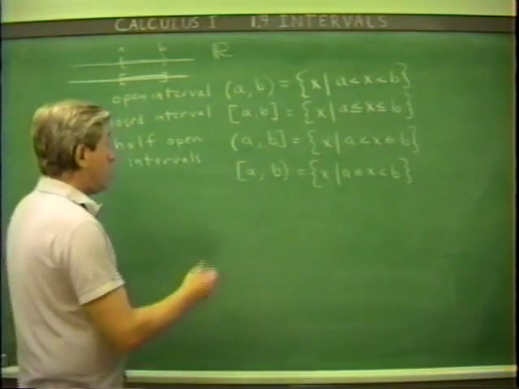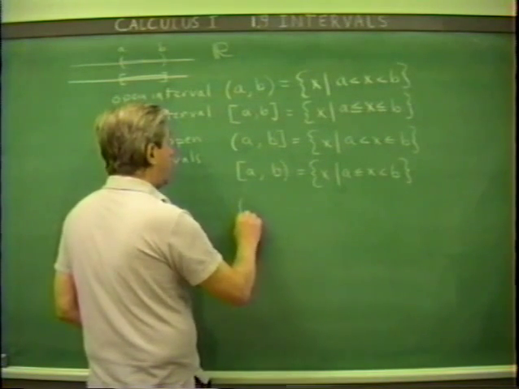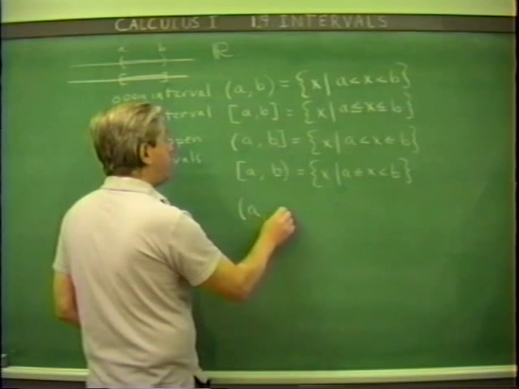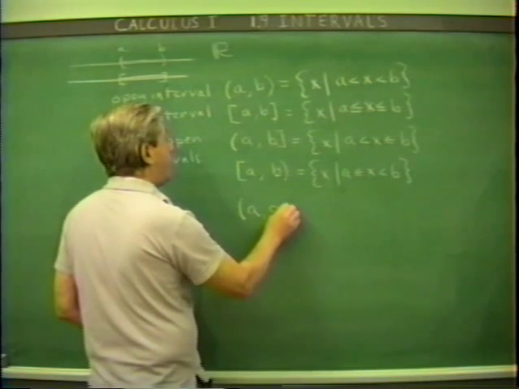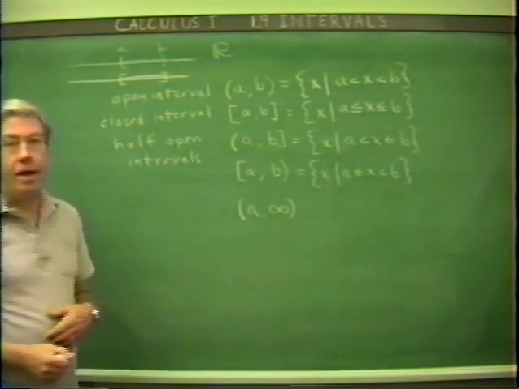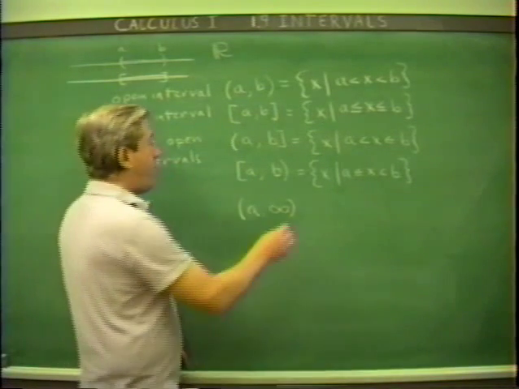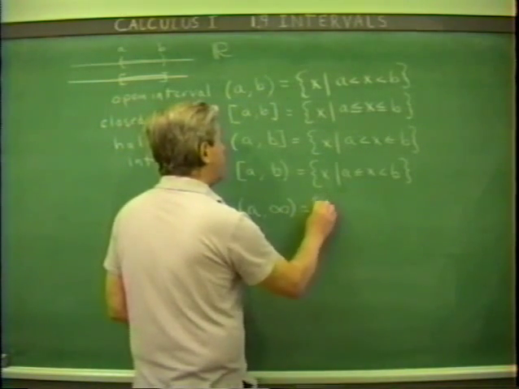We also consider intervals which go on indefinitely, as follows here. The interval A, and then we use the symbol an 8 on its side, read infinity. This is not, however, meant to be in any way mysterious.